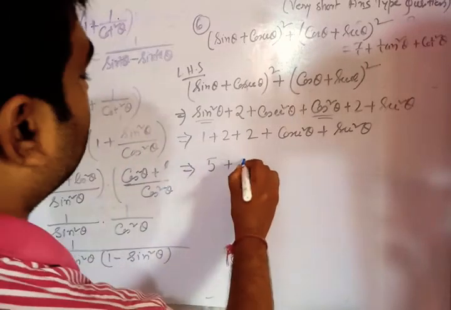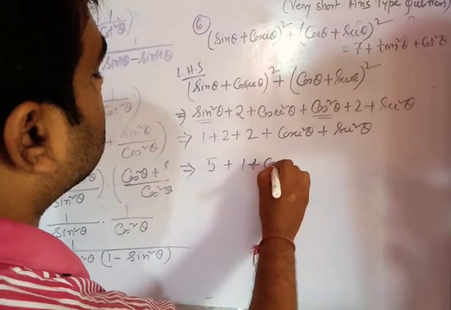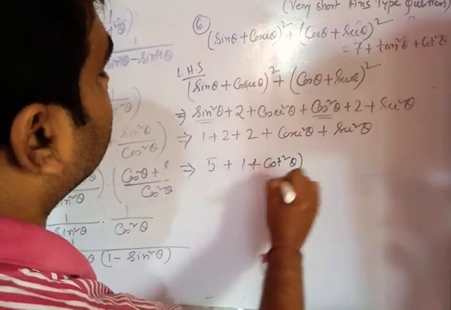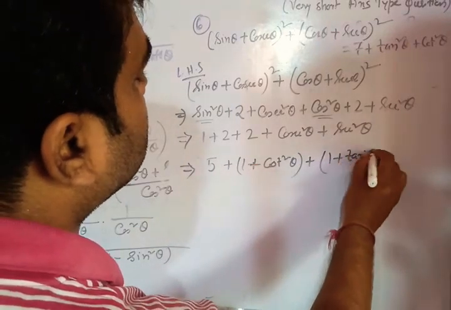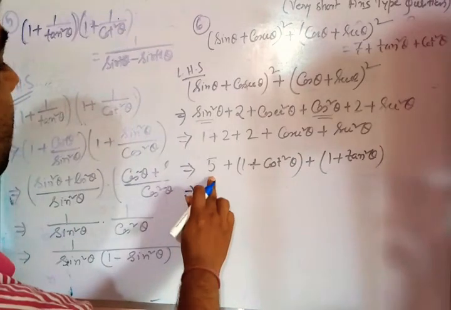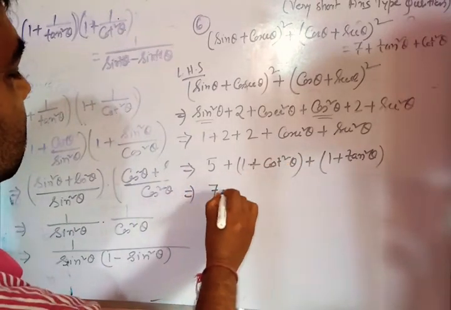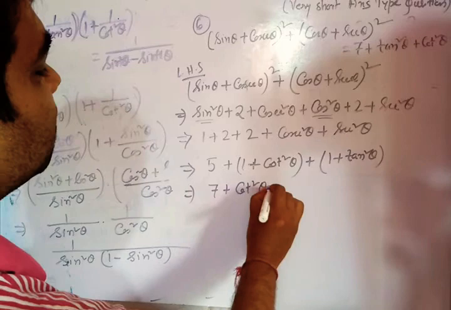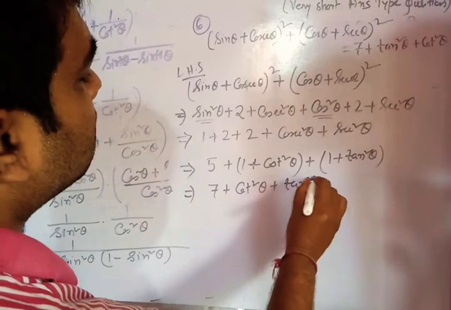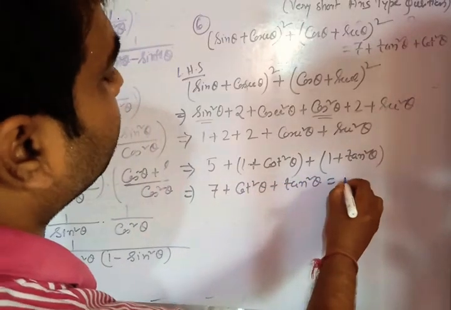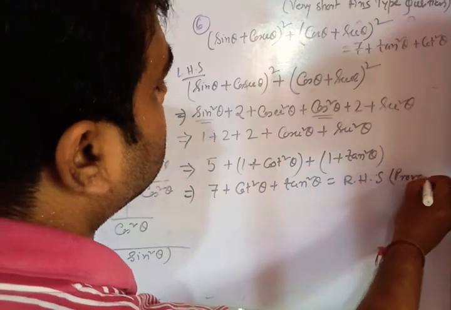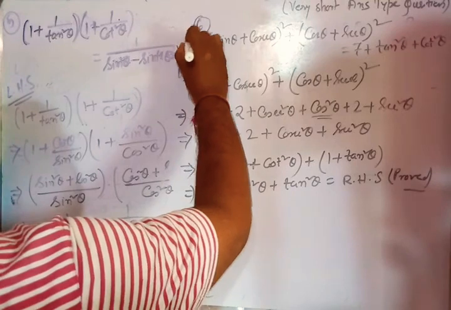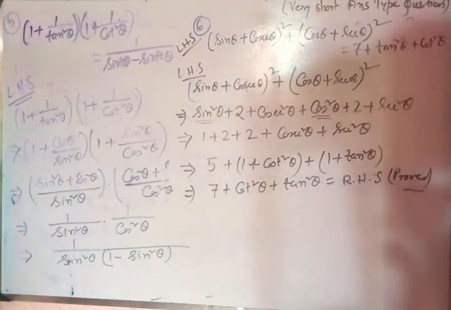So this can be written as 1 plus cot square theta plus 1 plus tan square theta. 5, 6, 7. 7 plus cot square theta plus tan square theta, that's equal to RHS. Okay, this is LHS. Hope you are able to see it. Next move to another question.